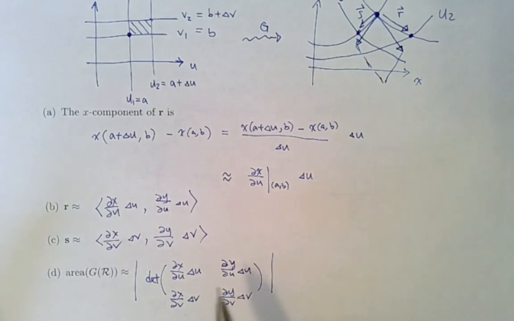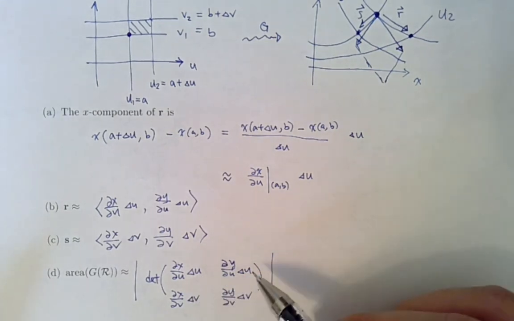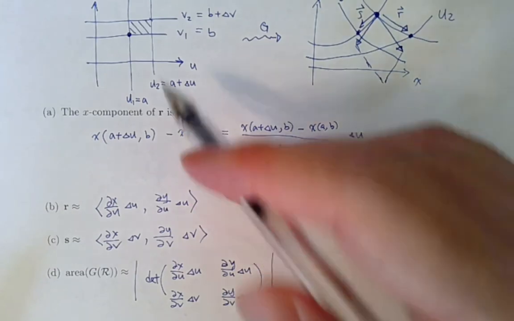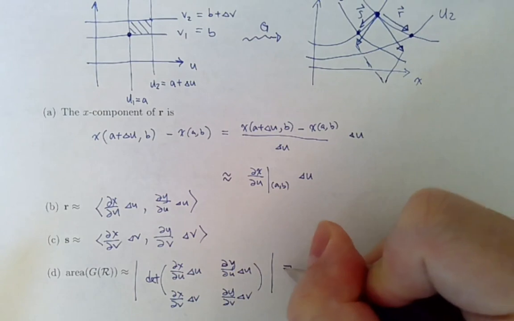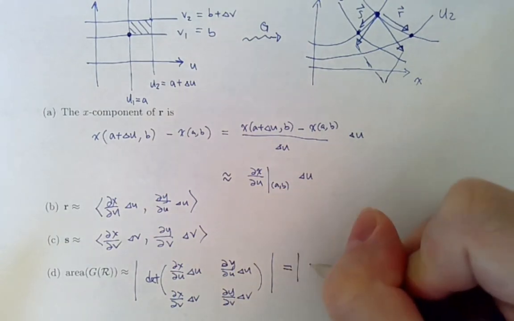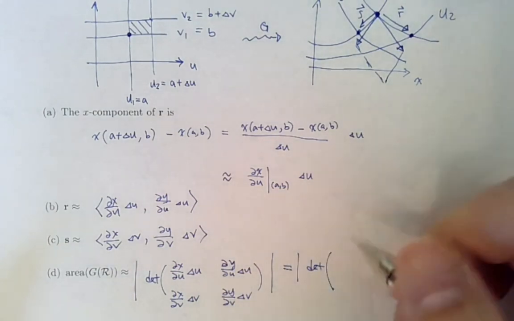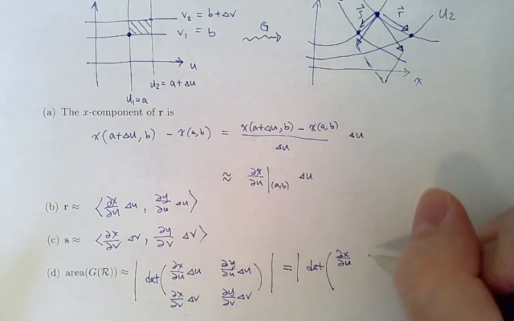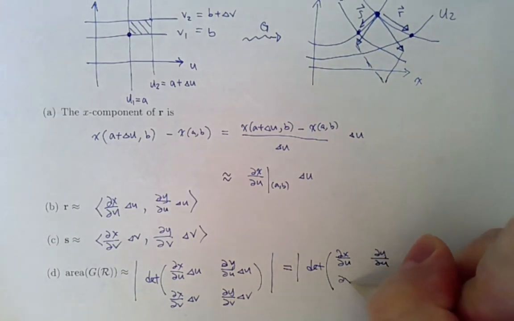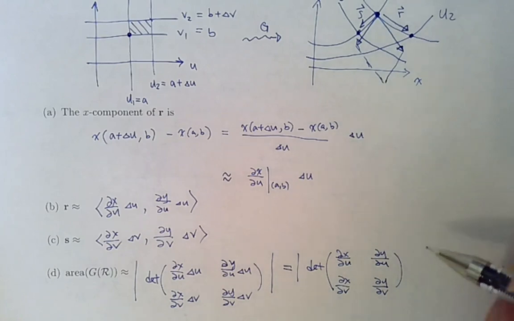And furthermore, we can pull out the delta u and the delta v's. If we multiply delta u and delta v, we get the area of r to start with. So then we can pull this out. This is exactly equal to the determinant partial x partial u, partial y partial u, partial x partial v, partial y partial v.